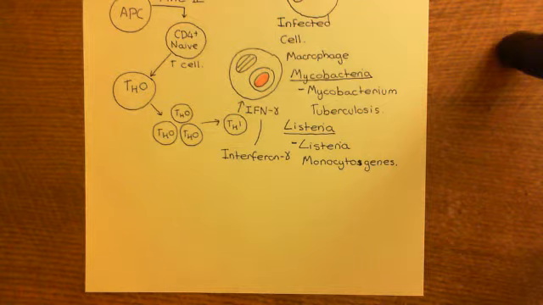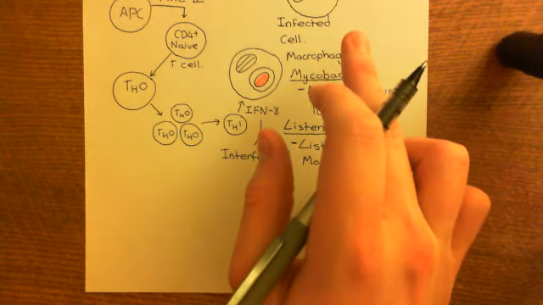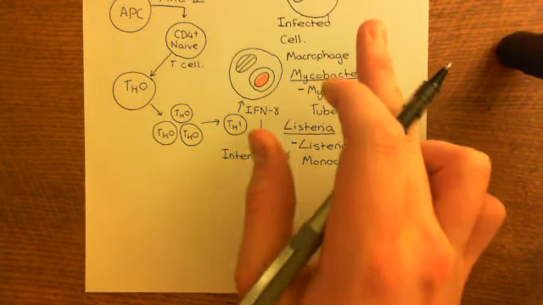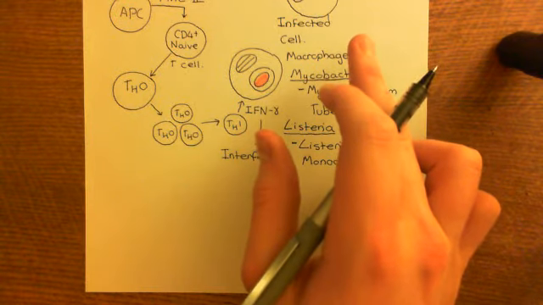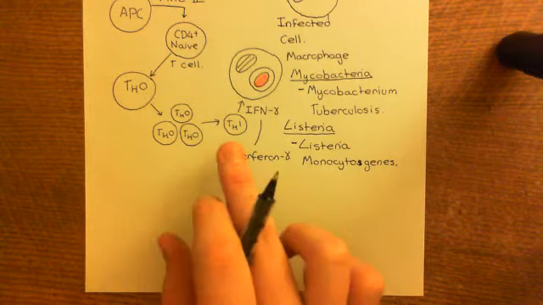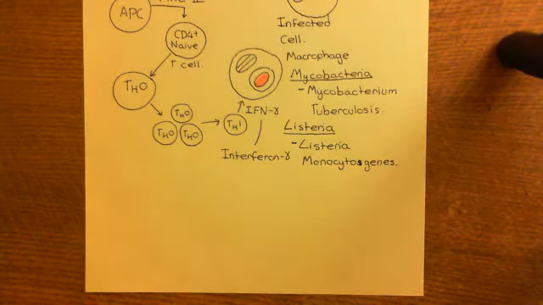Now you can understand very easily why the cytotoxic T cells would want to come into the area, because they need to go and kill any cells which are infected. So they need to go and meet the cells. In addition, you can understand why the T helper 1 cells would want to come into the affected area, because they want to secrete the interferon gamma nearby the macrophages to give them the rights to kill.